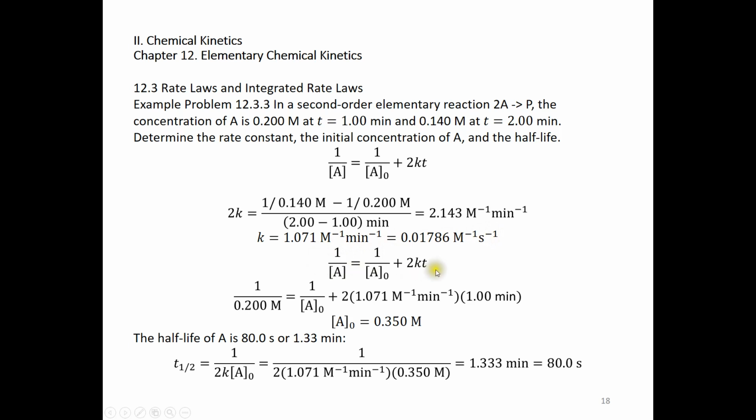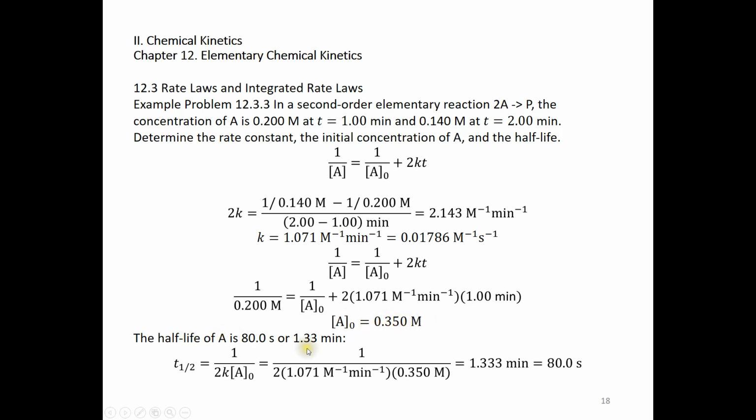Again, we have this equation. We can just plug in the values of A at 1 minute. So this is concentration of A. This is 1 minute. We solve for A naught. We got A naught equals 0.35 molar.